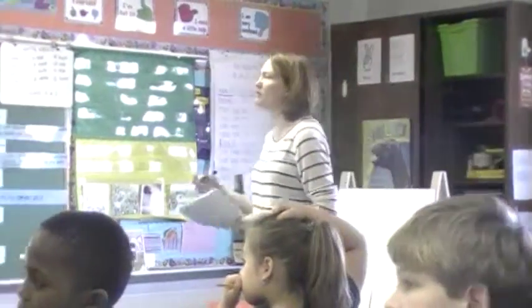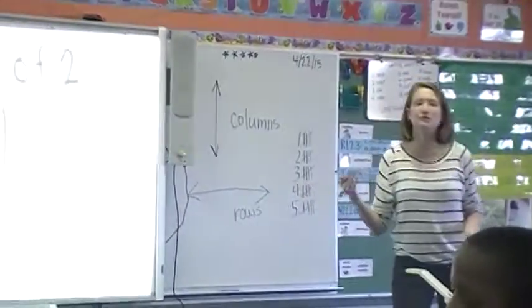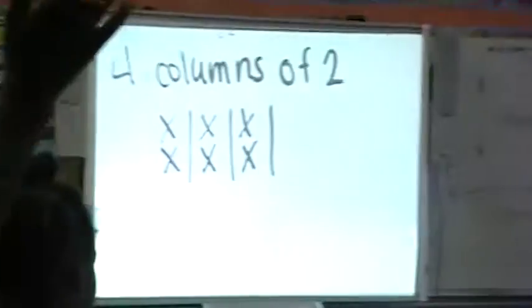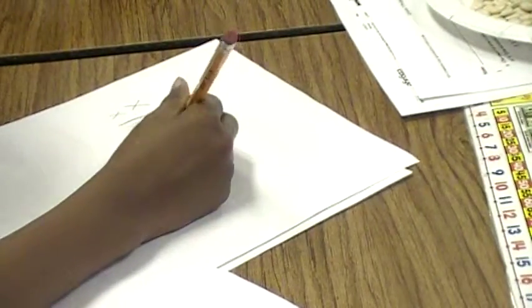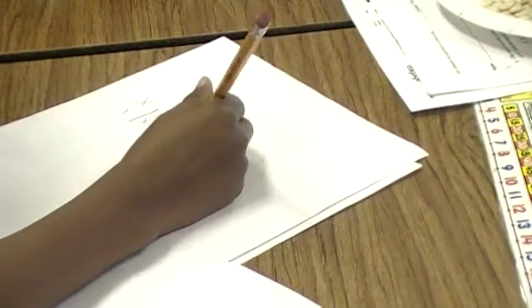Okay. So now I need 4 columns of 2. So now what do I need to do next, Evie? Add one more. Add your final column. Add my final column of 2. Okay. What do all these lines and stuff remind us of? What do they remind you of, Jessica?